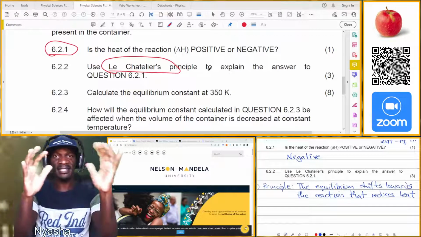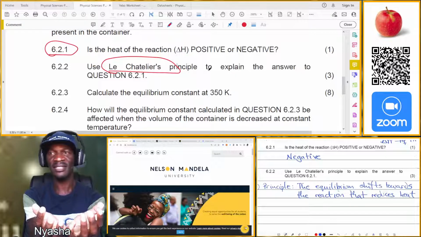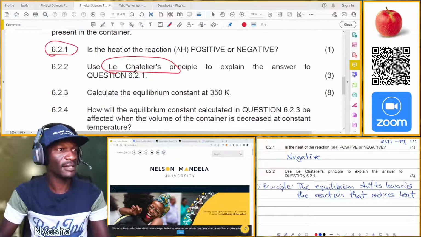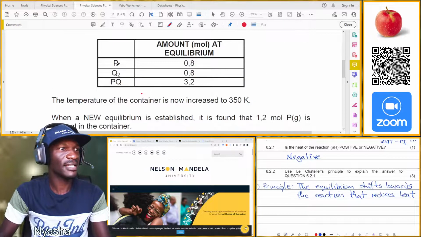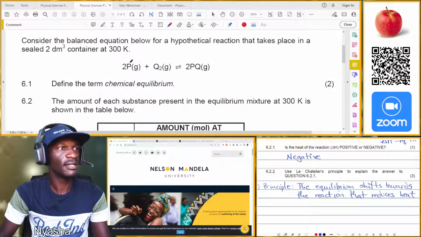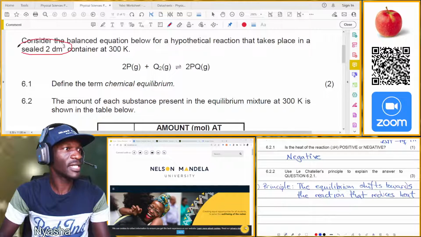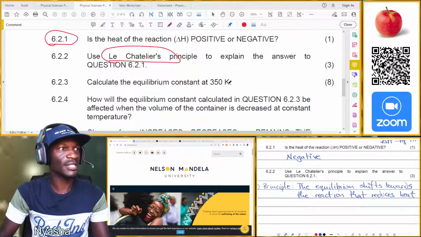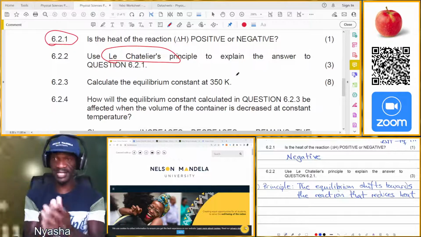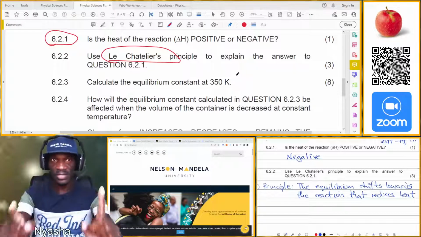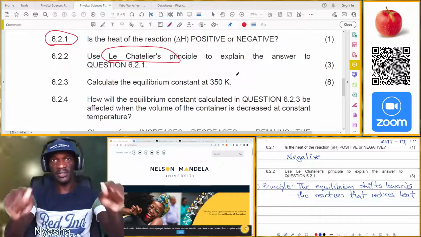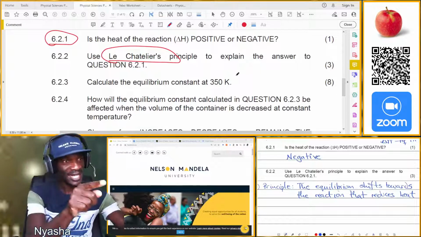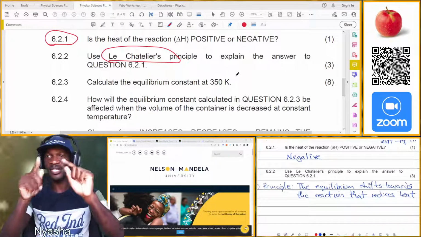The heat of the container, because this is a container, right? And they said that this is a sealed container. So if it is sealed and you deposit heat into that container and you raise the temperature, according to Le Chatelier's principle, the chemical reaction that counteracts that increase in heat is what is favored.